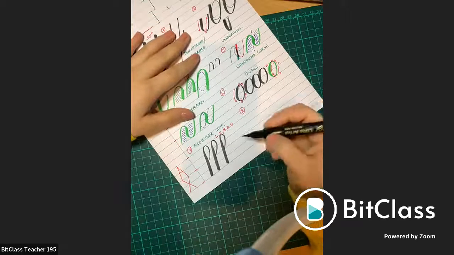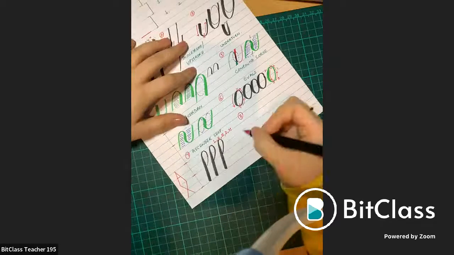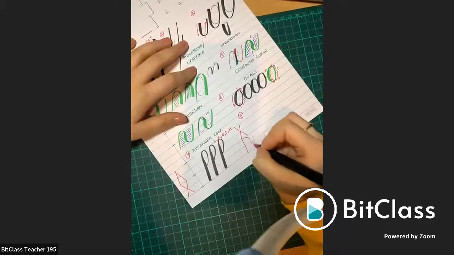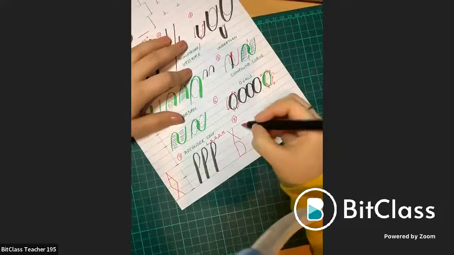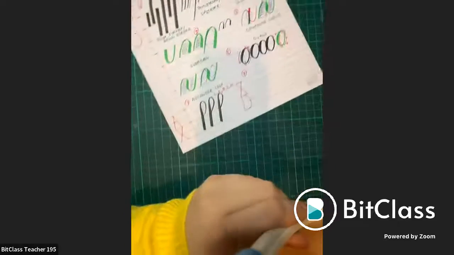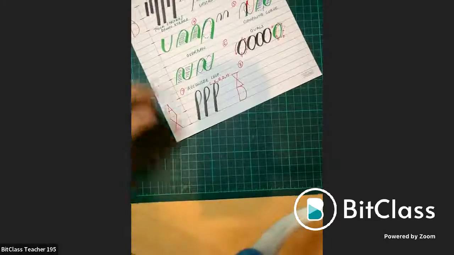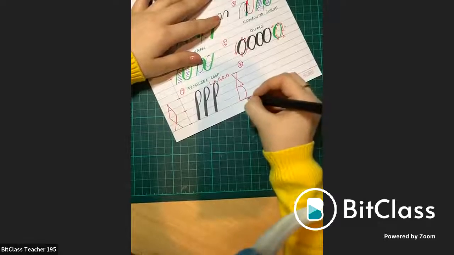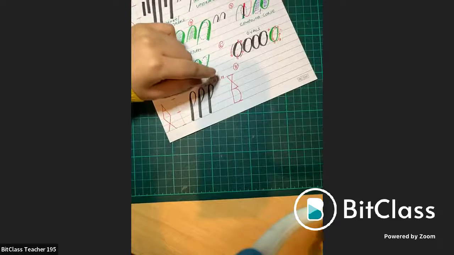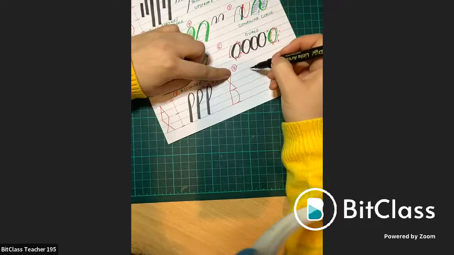Now, this was my ascender and this was my x height. Now this is my x height and this is my descender. Sorry guys, this is getting stuck, so I'll move it a little back. Okay, so this is my x height and this is my descender. Now if I start writing, imagine this is my waistline.